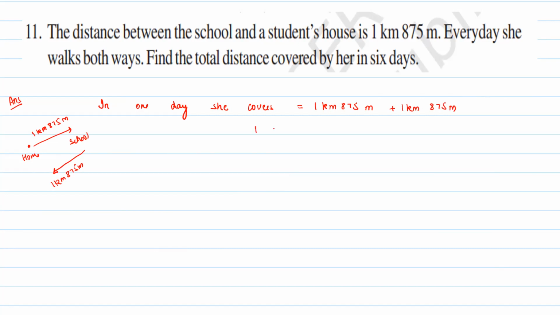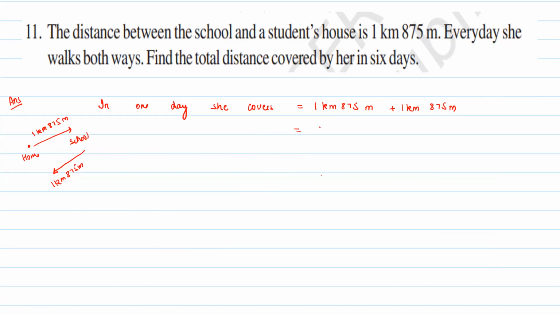Now how to add it? 1 kilometer 875 meters, how can I write it in decimal? 1.875 plus 1.875. And if you do not want to write in decimal, you can write 875 meters and 875 meters, which gives the idea that it is 1750.